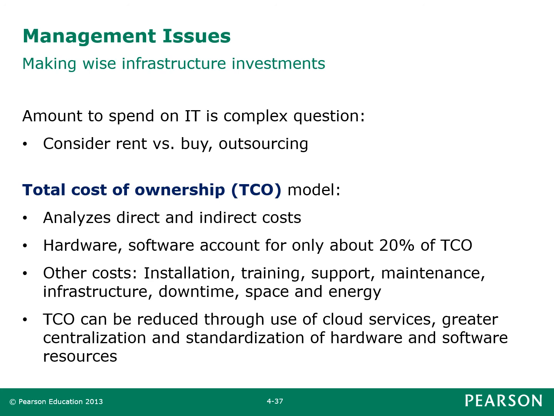To decide whether we rent some IT infrastructure component, buy it, or even outsource it, we have to calculate the cost. Normally that's based on the so-called TCO, total cost of ownership.